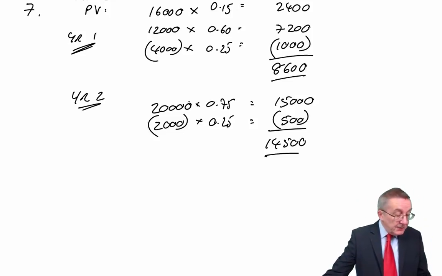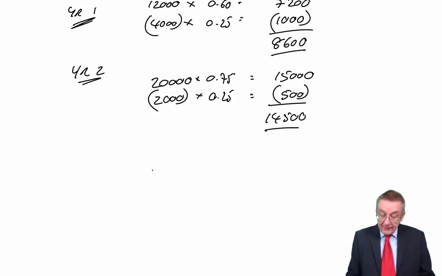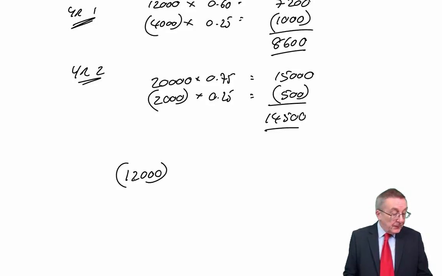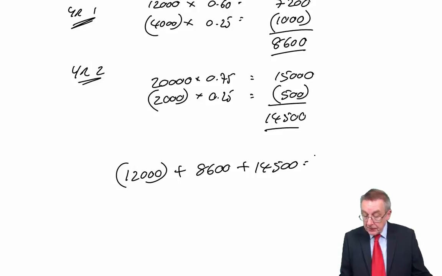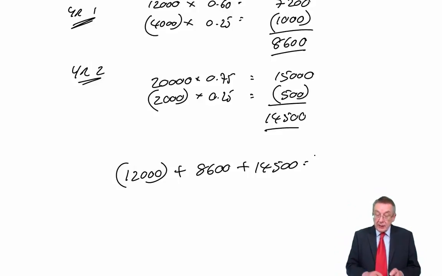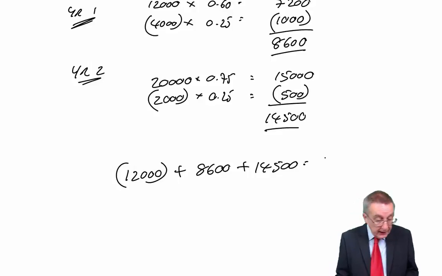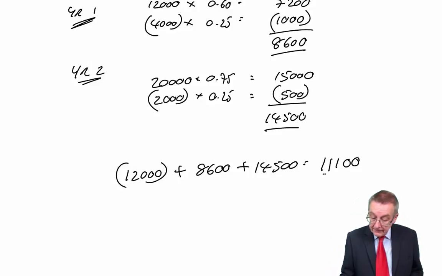And so the expected net present value: there's an outflow of 12,000 at time 0, the original cost, an expected inflow of 8,600 at time 1, and of 14,500 at time 2, which gives me an expected value of, I think, 11,100. The answer is C.